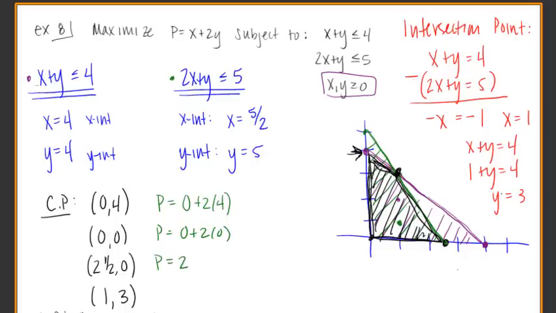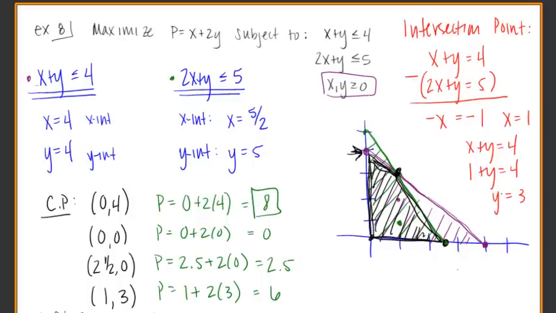So there's 8, 0, 2.5, and 6. Well, the maximum value right there comes at 0, 4 right there.